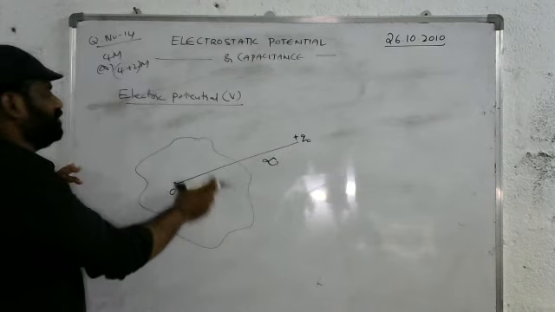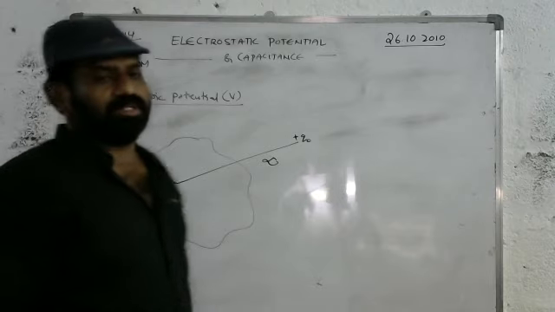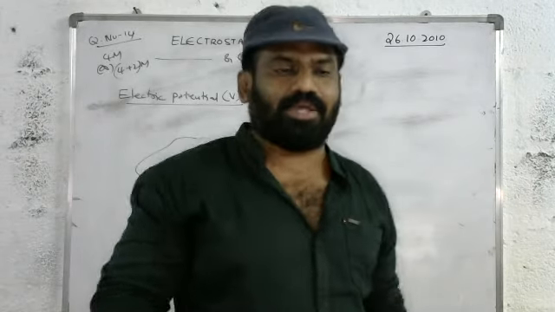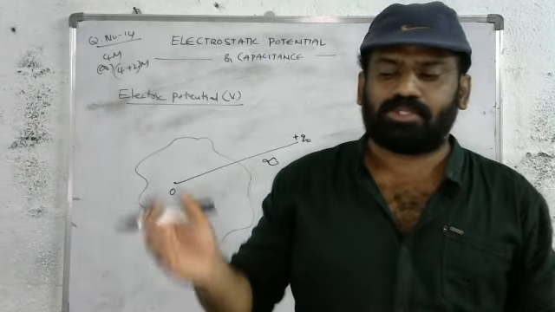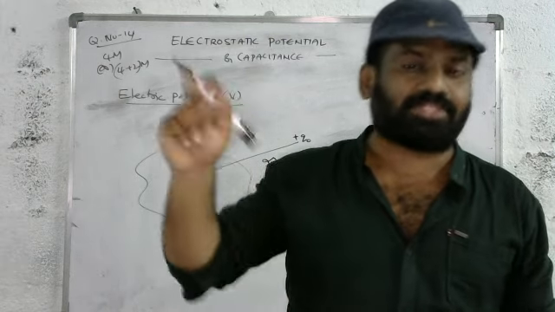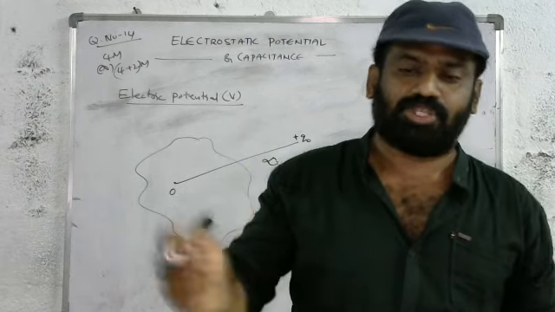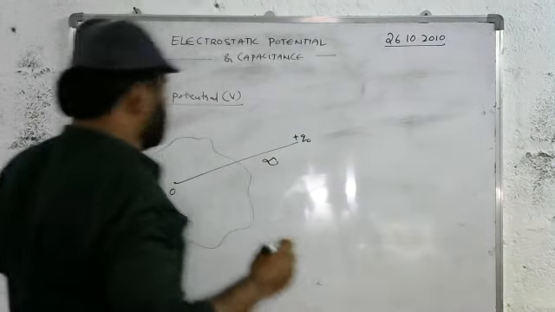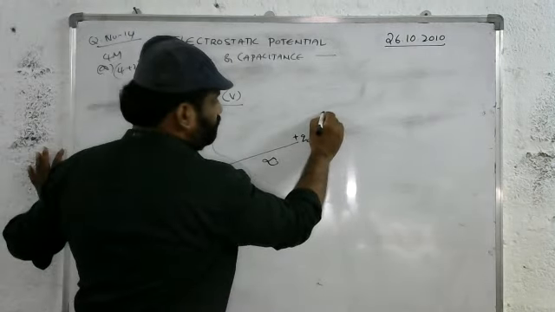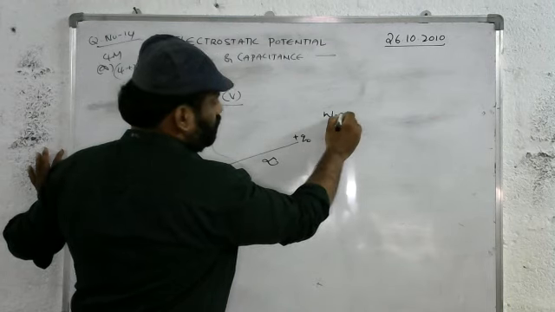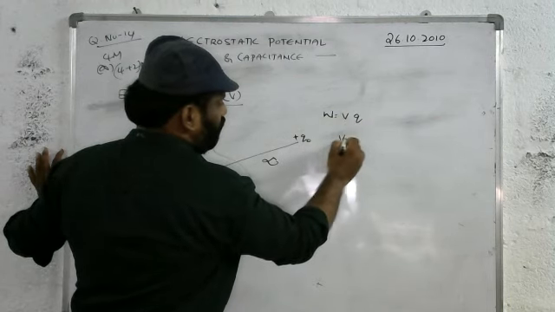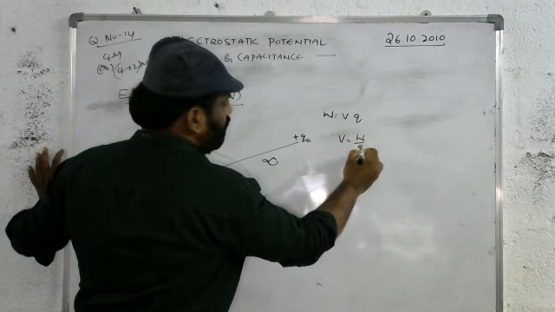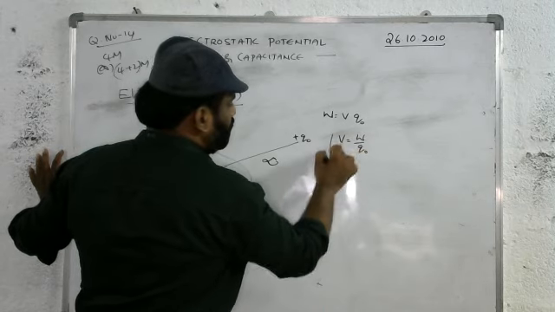The electric potential is defined as the work done to bring a unit positive test charge from infinity to a point in the field. Electric potential means the work done. W is equal to VQ, so V is equal to W by Q naught.